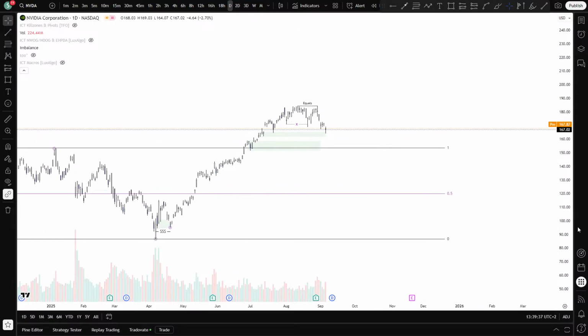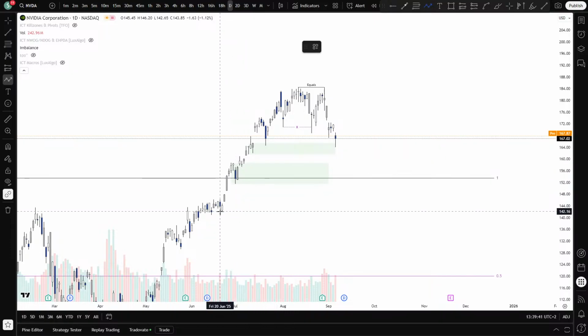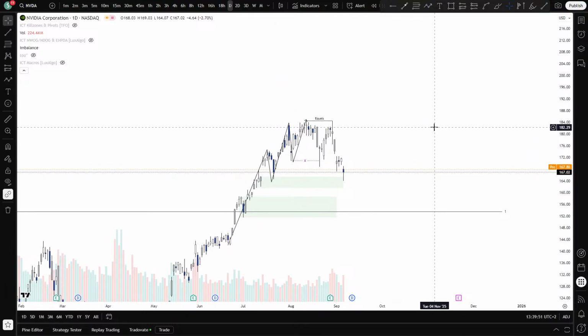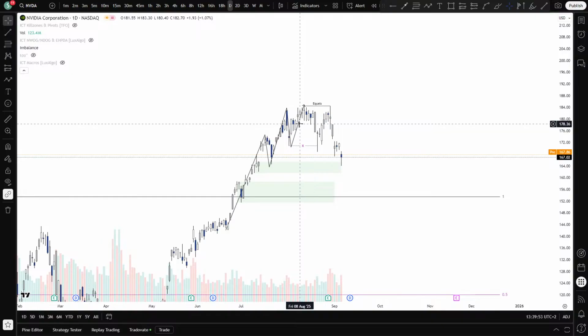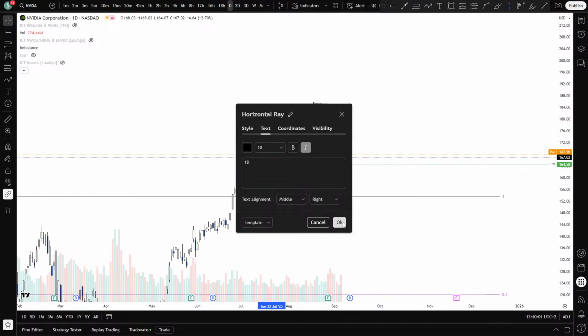Let's see if we have daily structure pools. Okay, we have a daily structure pool in here, right here. Do I dare to say that this is a structure pool? No, I wouldn't see this as a structure pool. I would call this your daily low. So let's map that in. Daily low to hold.